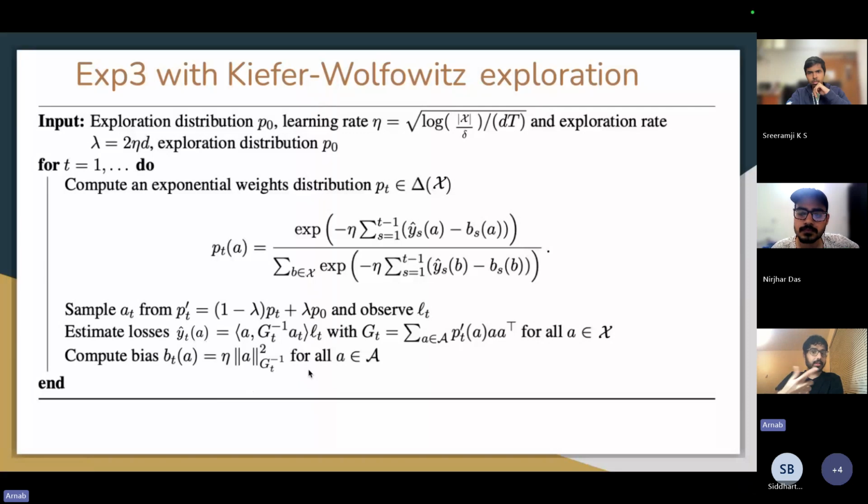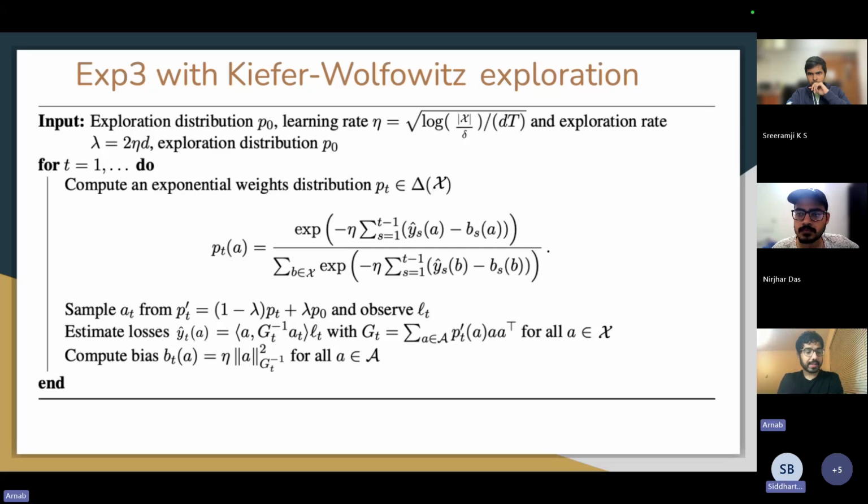If there was no bias term, then you were okay, there were some algorithms which already do that, but the bias term is introduced because they want high probability guarantees, not just in expectation.